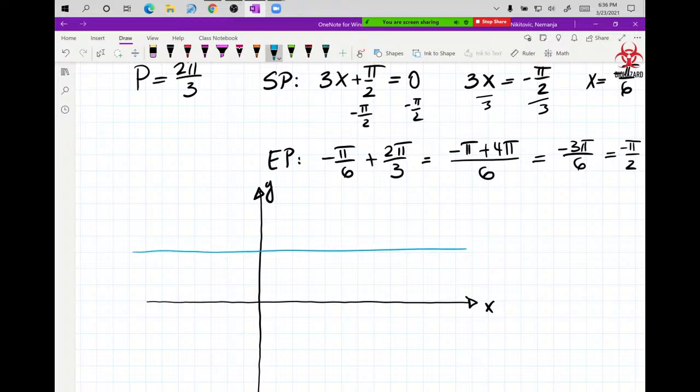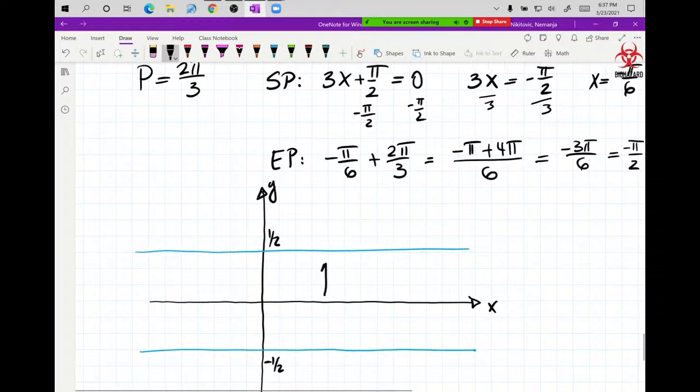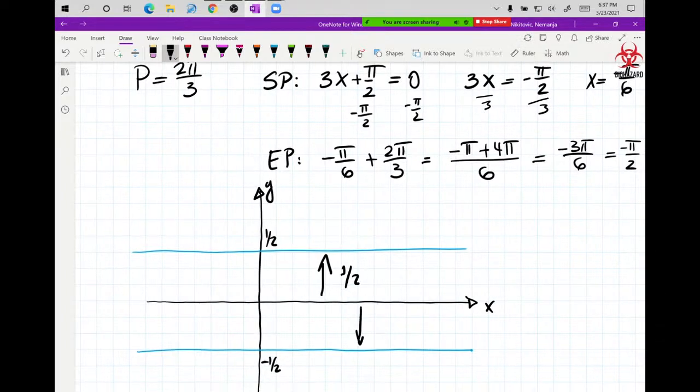It doesn't really matter. The scale of x and y axis doesn't have to be the same, right? The important thing is to have them equal amount apart, because amplitude is half this way and amplitude is half this way, right? So they have to be the same separation. But if you want to have 5 lines up and 5 lines down and call it a half, that's okay. It's fine.